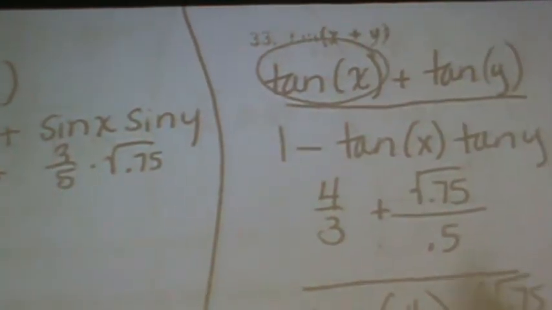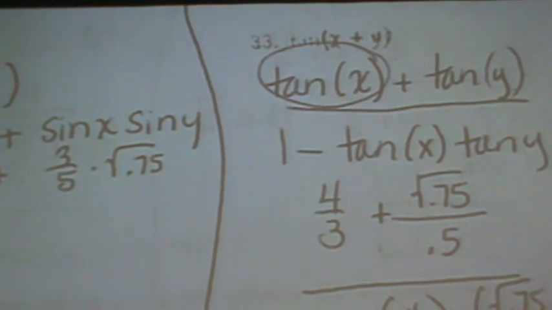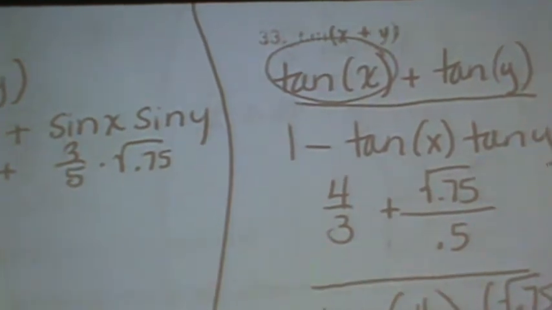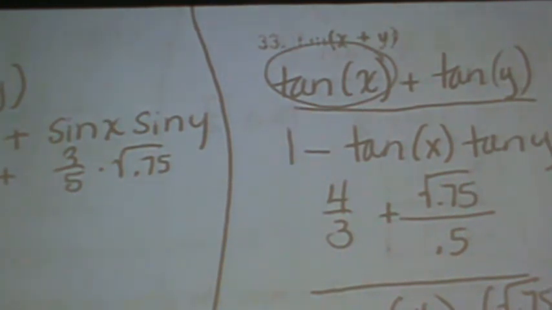So use your calculator, follow order of operations, and you should get negative 2.79 for this question. And that's the end.